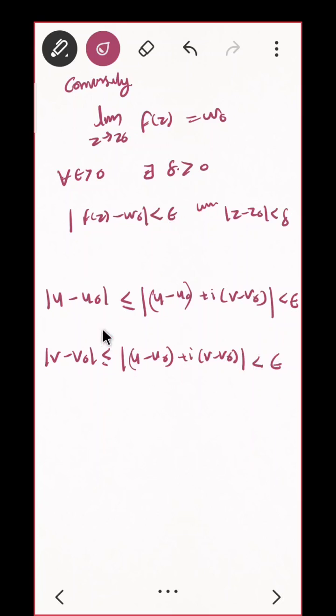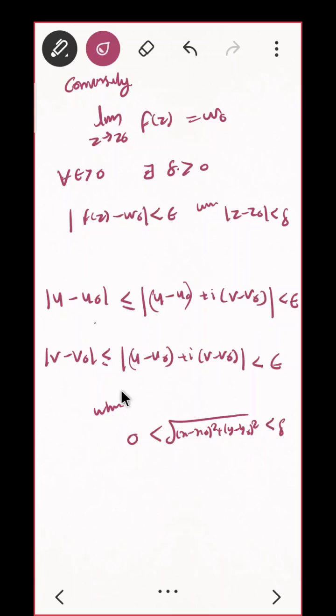Correct? So you have proved u minus u naught is less than epsilon whenever you are having this, but you need to write it in that form. If you solve this, what is mod z? Square root of x minus x naught the whole square plus y minus y naught the whole square that is less than delta, since it is positive.